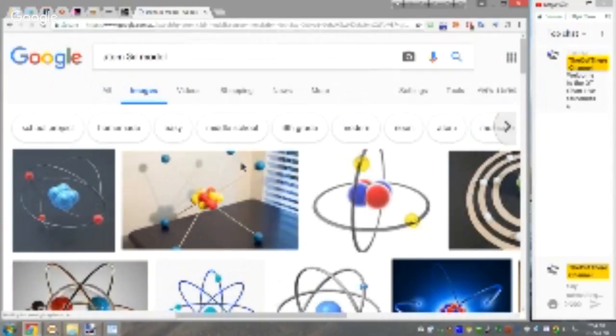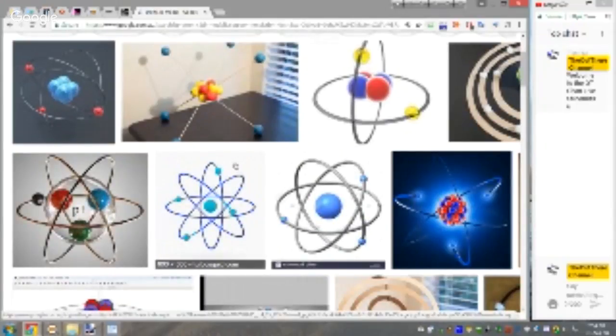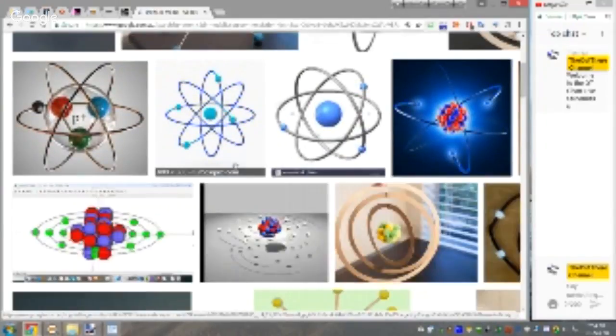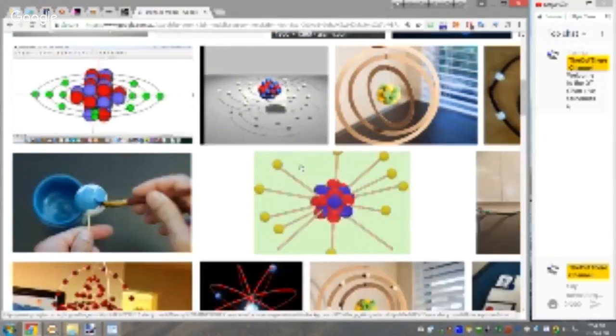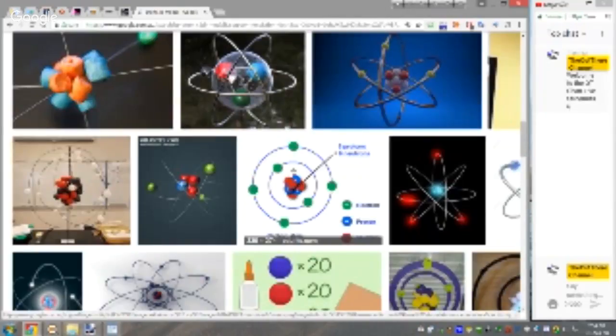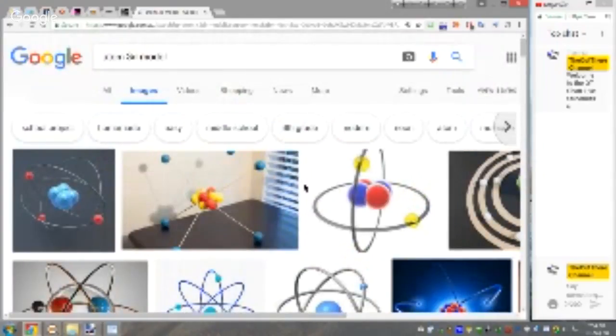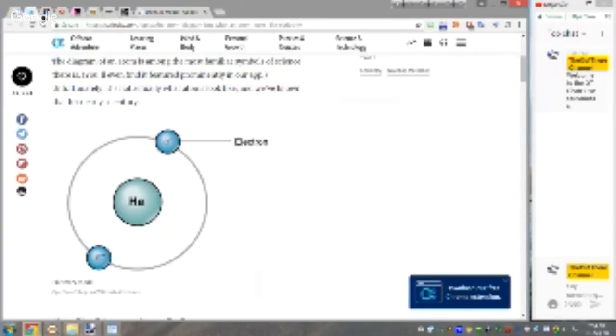So here we get some models of atoms that you may be more familiar with. See, they can't really represent it as a fuzzy outer. So it boils down to the next question. I think I'll get it on the next one.